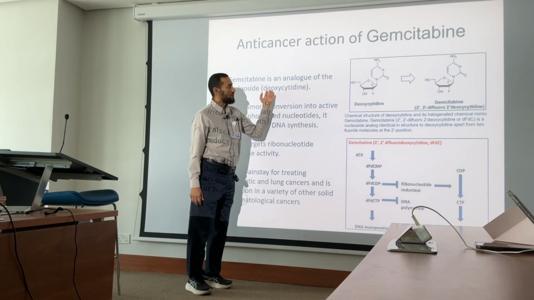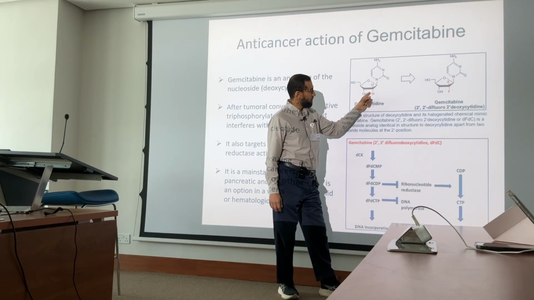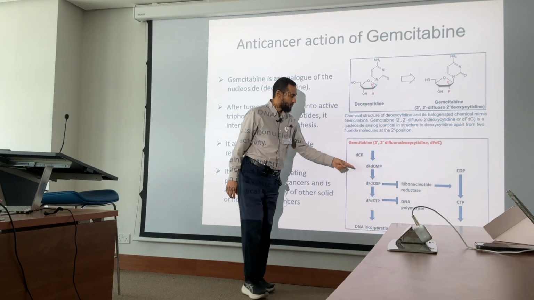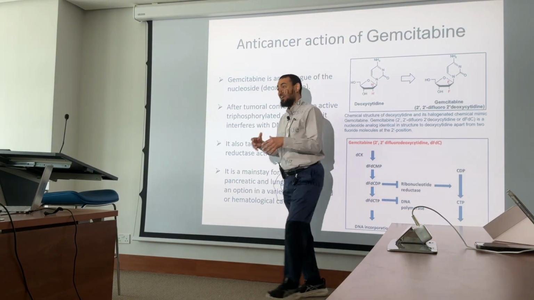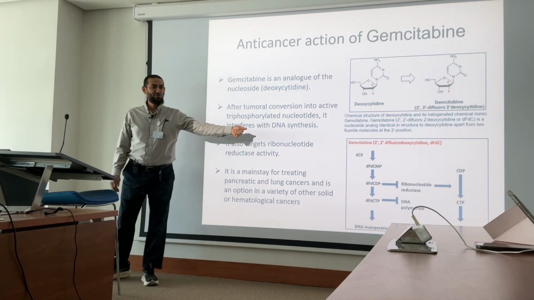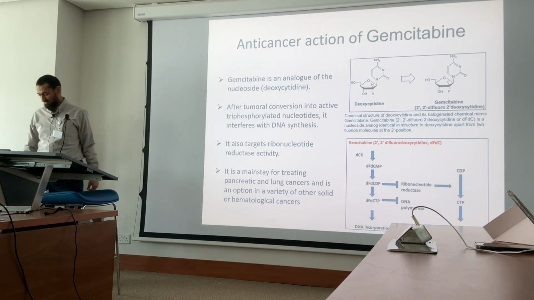Deoxycytidine, this is natural. We change this hydrogen group to fluoride. And this will stop the replication of the DNA of the person himself. So you control the uncontrolled replication of cancer.